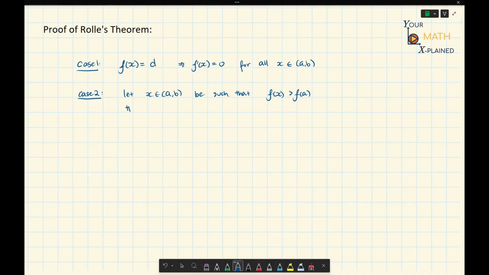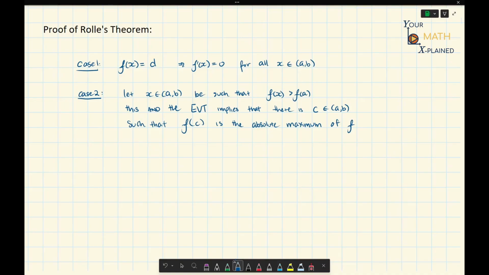But if that's the case, then this and the extreme value theorem is going to imply that there is a c value that is in the open interval (a, b) such that f of c is the absolute maximum of our function f on the closed interval [a, b].